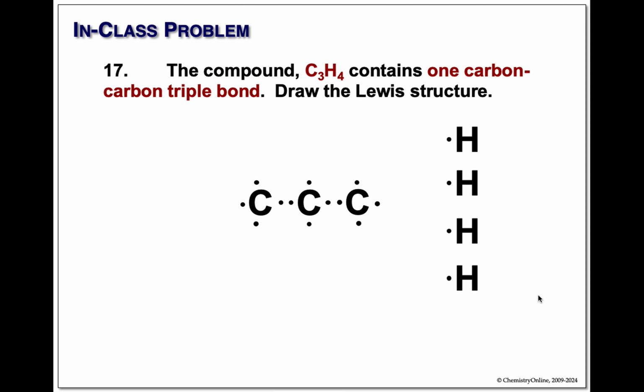So let's move some electrons around. Move these up as well. And now we have our triple bond. Okay? We need to place the hydrogens with these unpaired electrons. So here, here, here, and here.